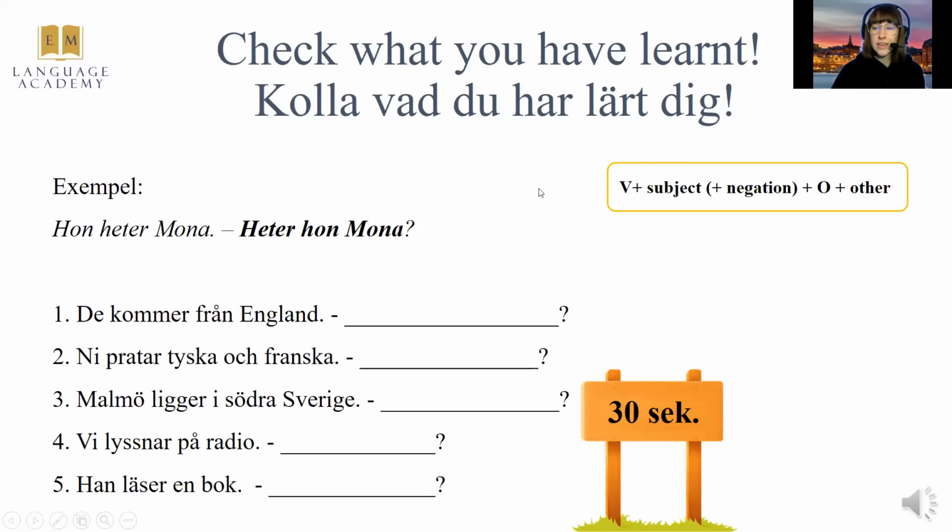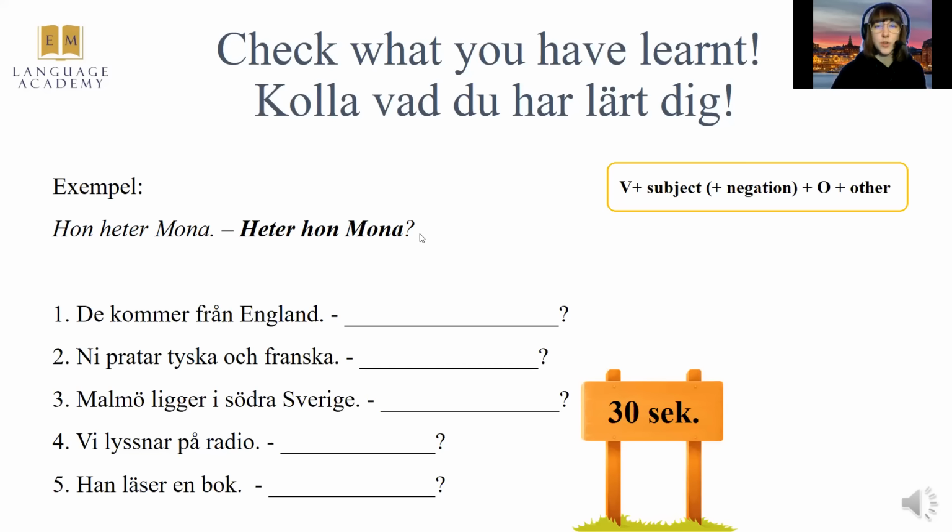Again, a short exercise for you. Kolla vad du har lärt dig. Check what you have learned. Let's take a look at the example. So first of all, we have hon heter Mona. It's a statement. What we have to do with the statement is to make it a question. A question that starts with the verb itself, because obviously we do not have any question words, right?